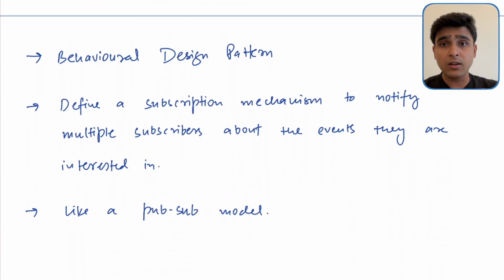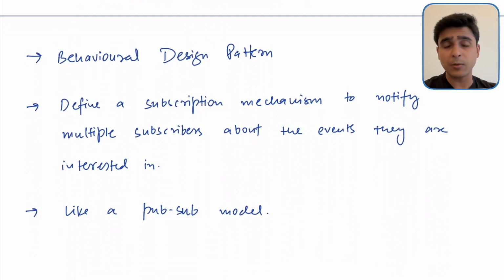So let's get started with what is the observer design pattern. First of all, it's a behavioral design pattern, right? And the only goal of the observer design pattern is to define a subscription mechanism to notify multiple subscribers about the events they are interested in. So think of a scenario where there are multiple publishers who are publishing different events, and there are a bunch of subscribers who are interested in those events.